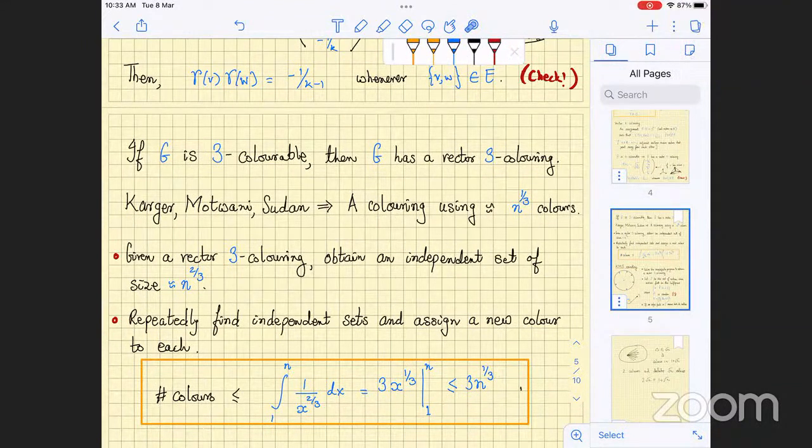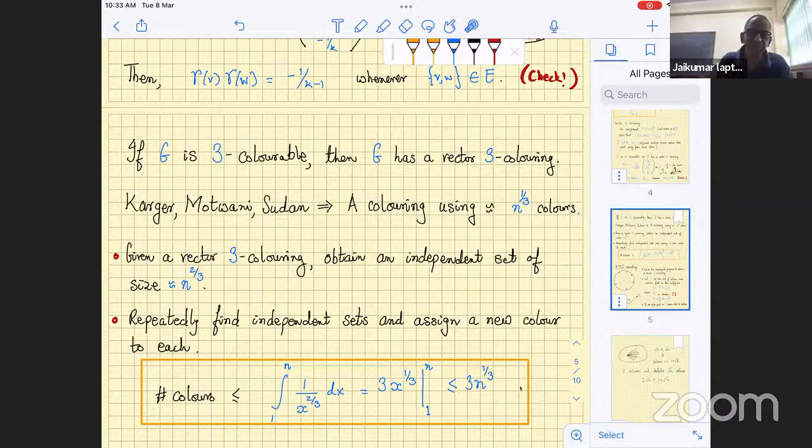In those graphs, we'll still work. But it may be that the graph doesn't even have a vector three coloring. Then you can say that the graph was not three colorable. You will have proof that the graph is not three colorable. So either the algorithm will produce a coloring with n to the 1/3 colors, or give you kind of solid evidence that the graph was not initially three colorable anyway.